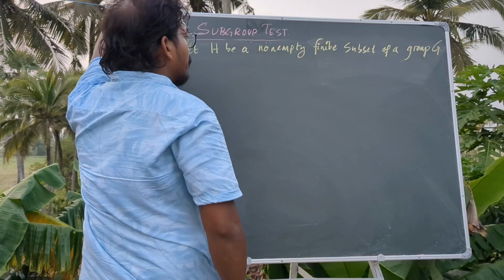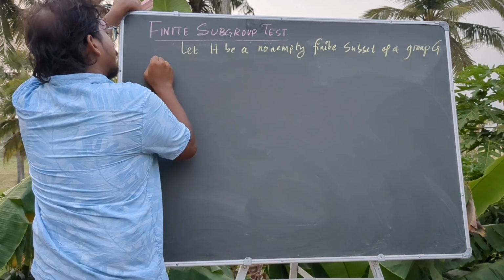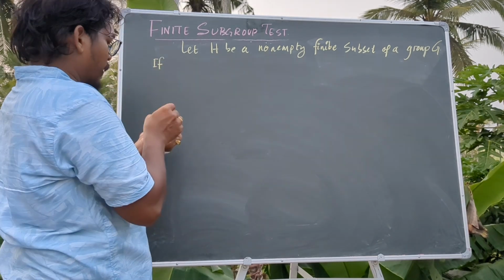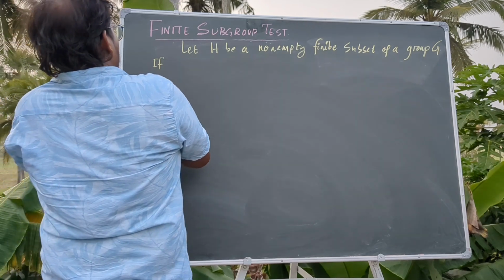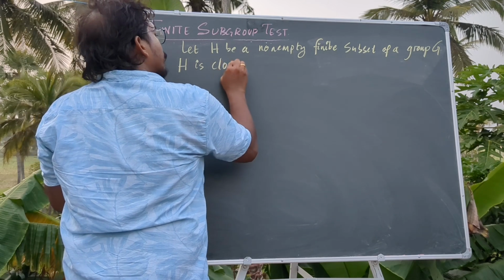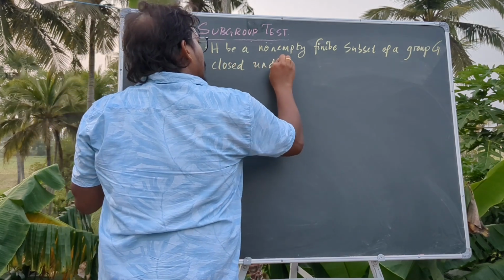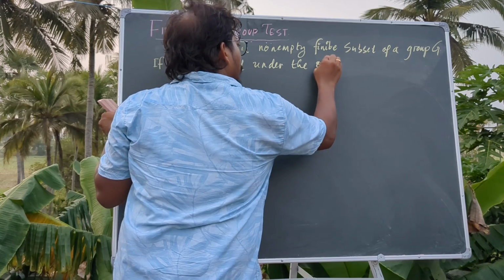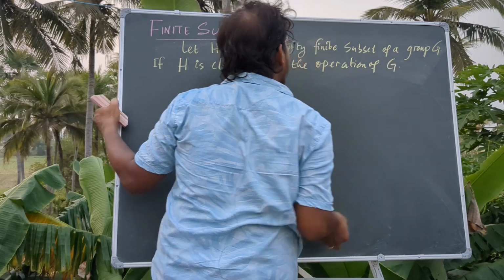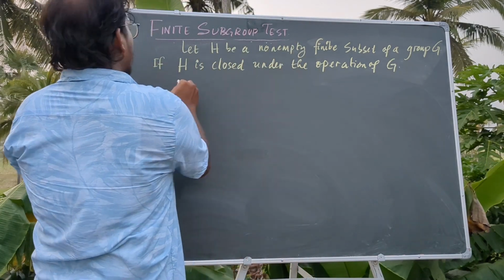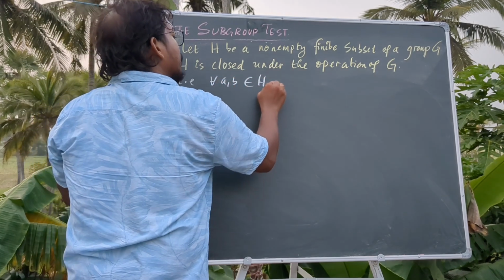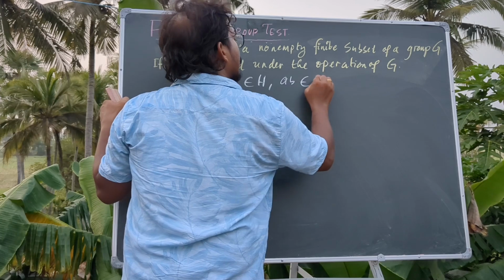The name of the group is G. If the condition is that H is closed under the operation of group G, that is, for any two elements of this set H, their product lies in the set also.